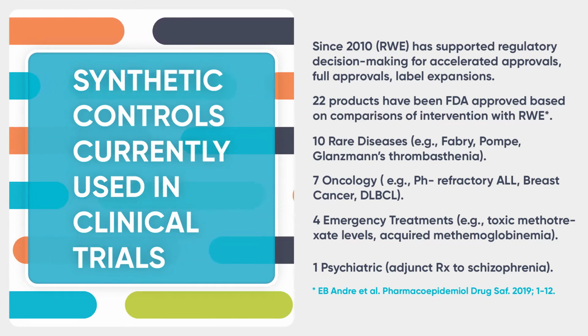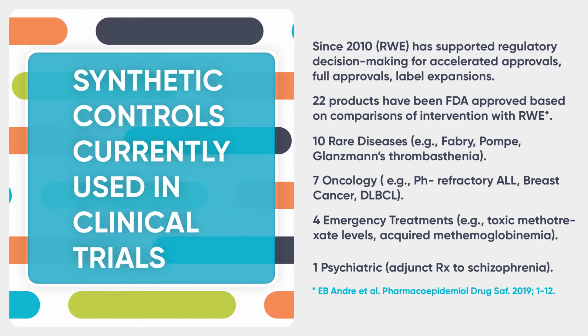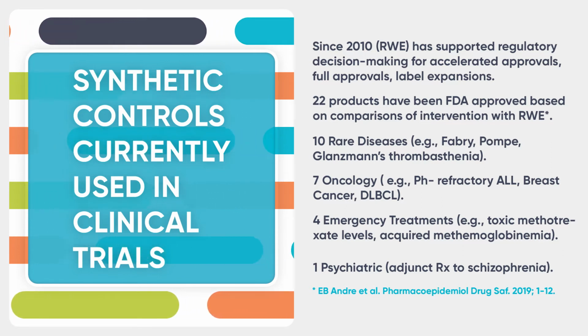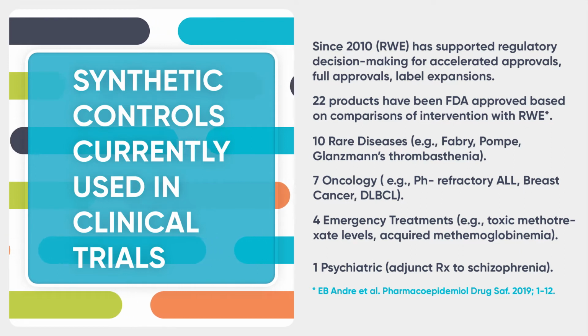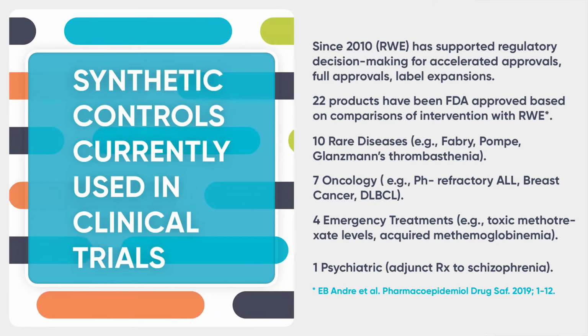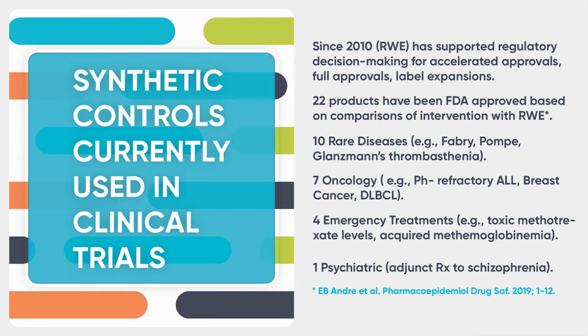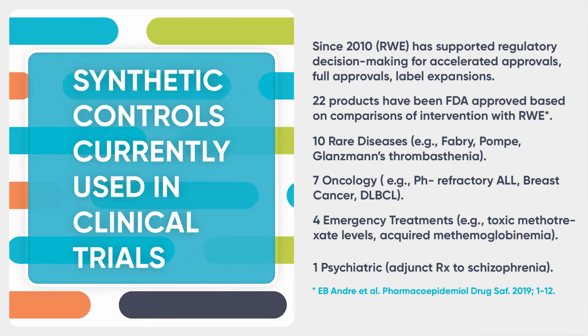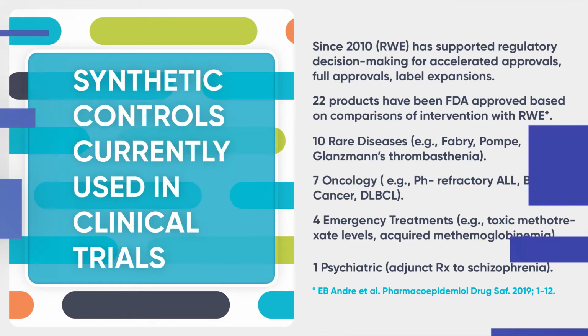I think 10 products have been analyzed and approved based on the data coming from synthetic arm implementation, or 7 products in oncology, 4 products in emergency treatment, and even 1 product as an adjunctive treatment for patients in schizophrenia.